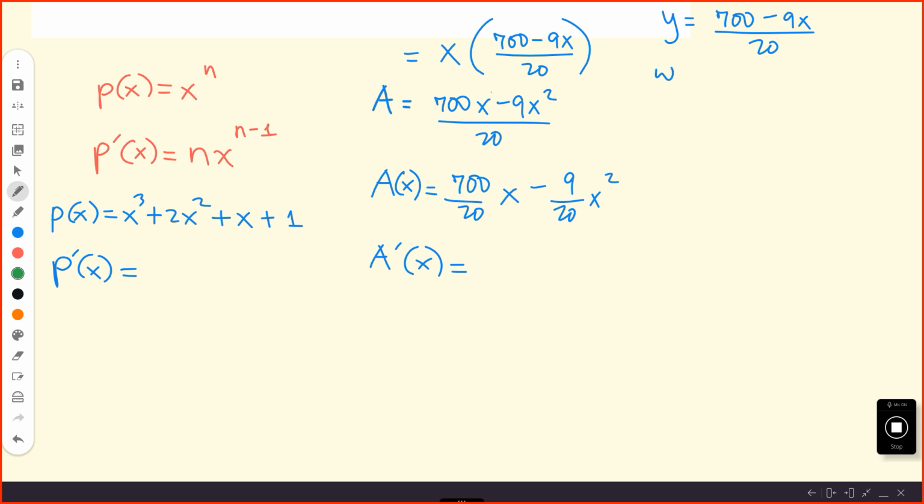So again, using the power rule, the exponent will go as a coefficient. So 3 times 1, because the coefficient of the x here is 1, so that's going to be 3x to the power of 3 minus 1, so 3x squared.